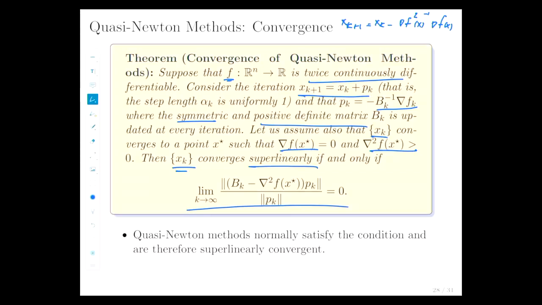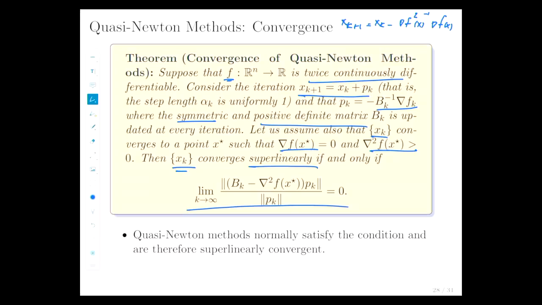So it is very important to be able to read theorems like that to extract the correct information out of it. Now, what it says is that if an algorithm like that solves the problem, by solving I mean it converges to a point that satisfies the sufficient conditions of optimality, then we can do this test. If this ratio goes to 0, we have superlinear convergence.